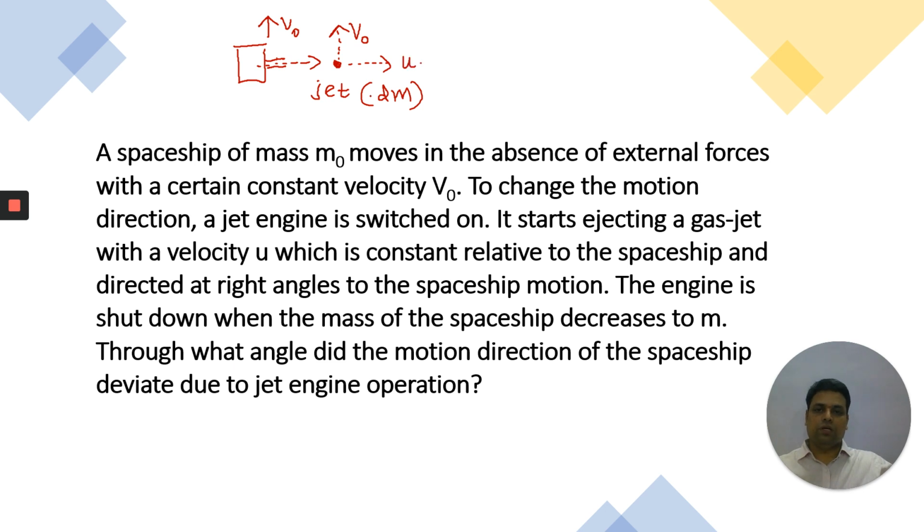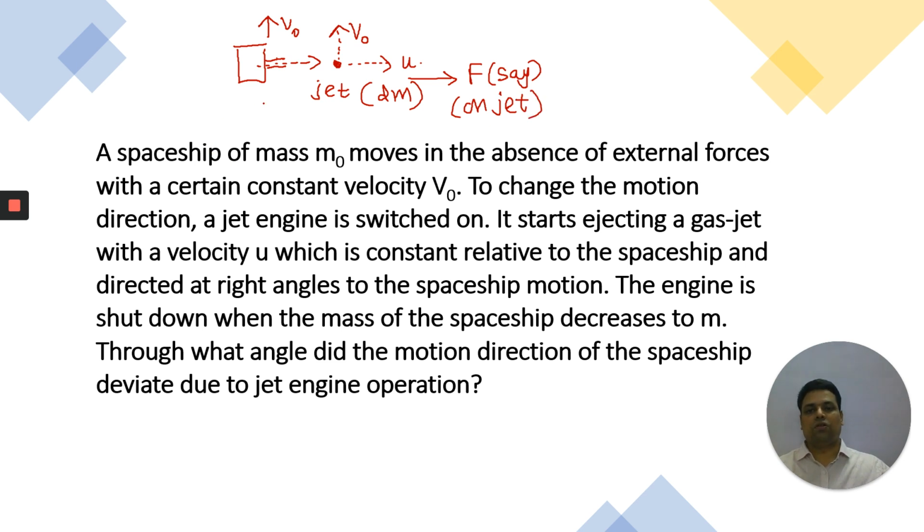Now we are going to work in the spaceship frame. U is ejected out. So because of this ejection, there is some force on the jet, F to the right.